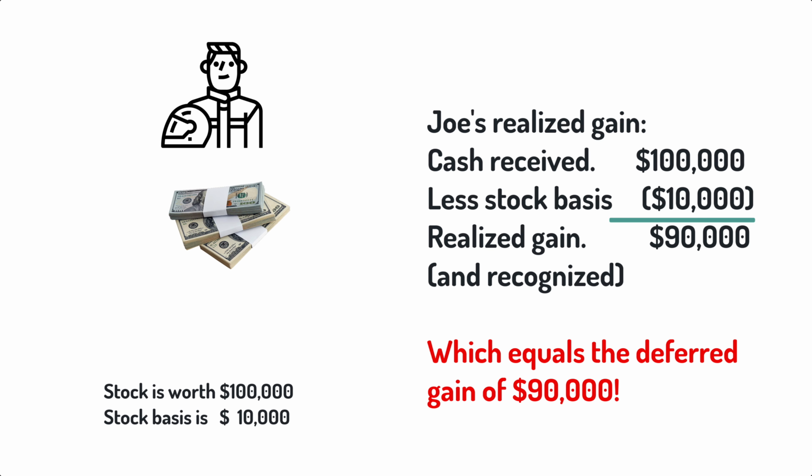On the sale of stock, Joe received $100,000 of cash, minus his stock basis that we calculated of $10,000, which gives him a realized gain of $90,000. In step number 2, we can't find a code section that exempts the gain on the sale of the stock from recognition, so by default, the $90,000 is recognized, and Joe has to pay tax on it. And the $90,000 of recognized gain is equal to the deferred gain from the stock incorporation.